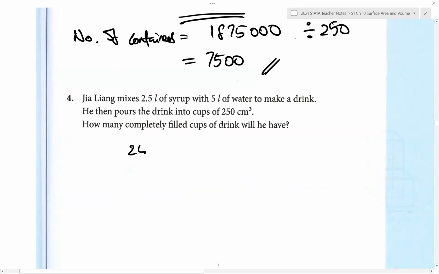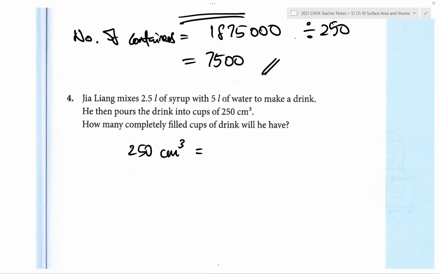Okay, wait. 250 cm cube equals to how much liter? Change to liter. Okay. Times 100. Divide by 100. You want to change to liter, right? So must change to milliliter first. Okay, let's change to milliliter. So what do you have? 250 cubic centimeters to milliliters.